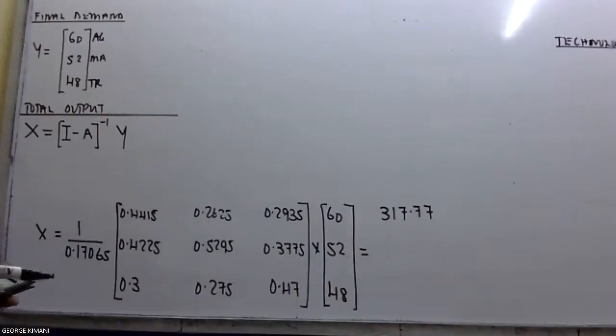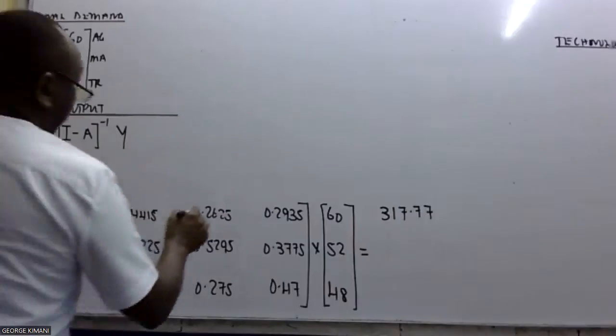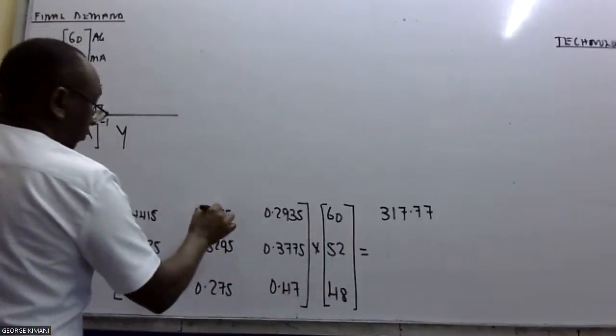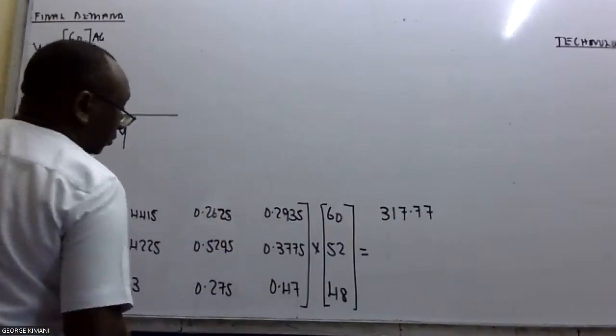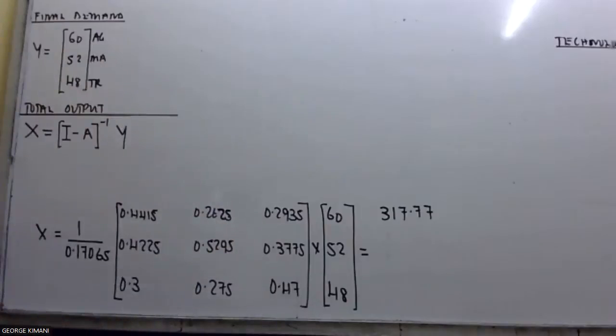Okay. 0.4415 times 60 plus 0.2625 times 52, plus 0.2935 times 48.